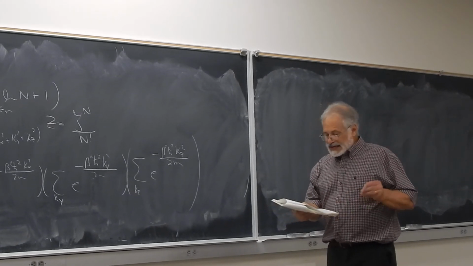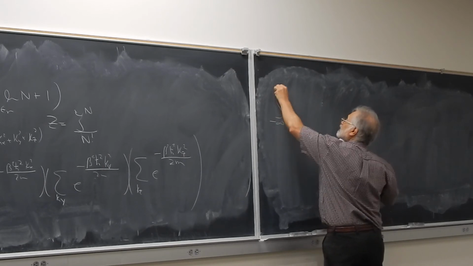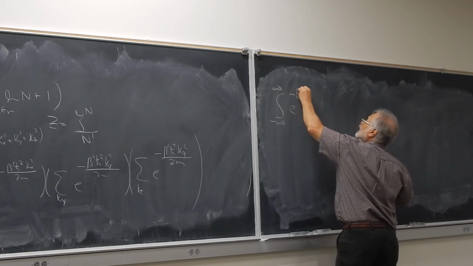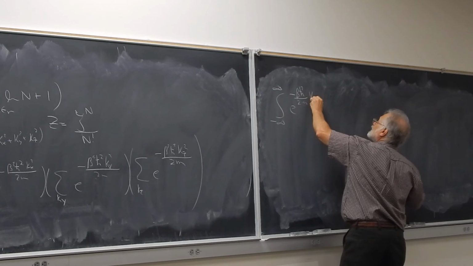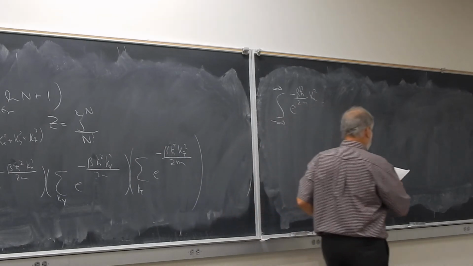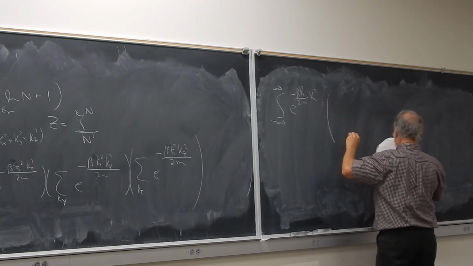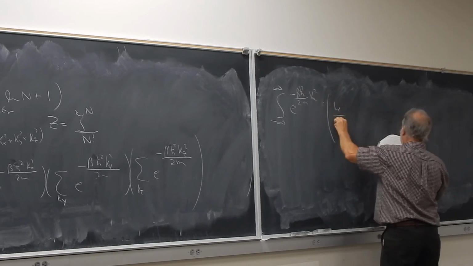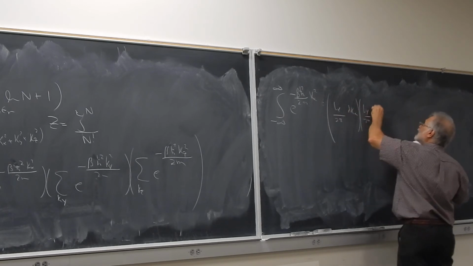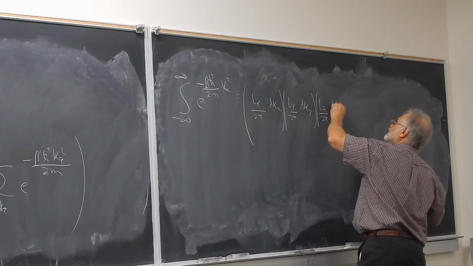I can replace the sums by integrals, the integral from minus infinity to infinity of e to the minus β ħ²/2m κx², times Lx/2π dκx, Ly/2π dκy, Lz/2π dκz. By the way, these betas should not be squared, sorry.